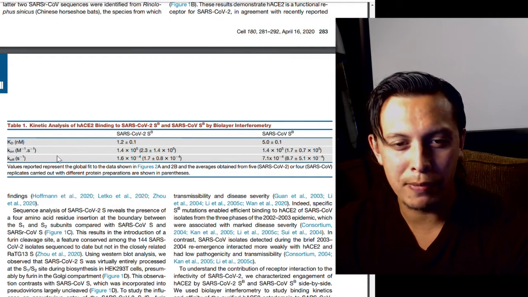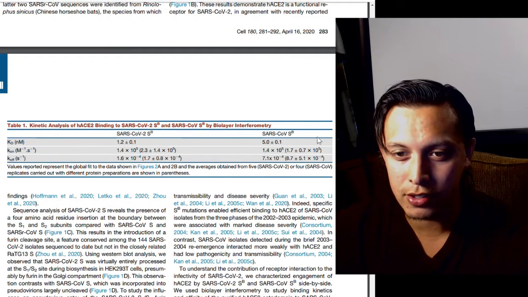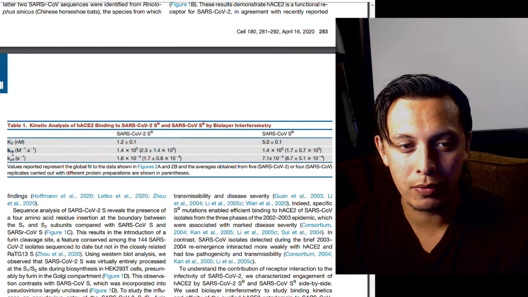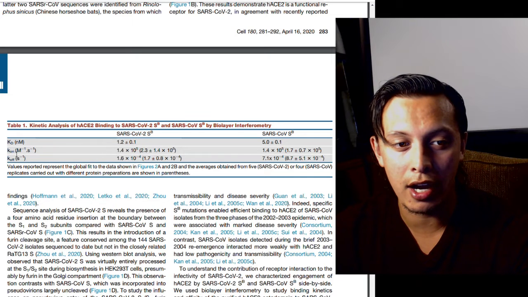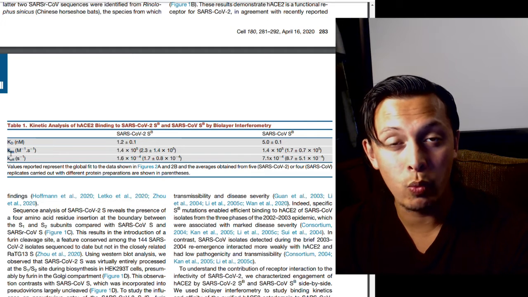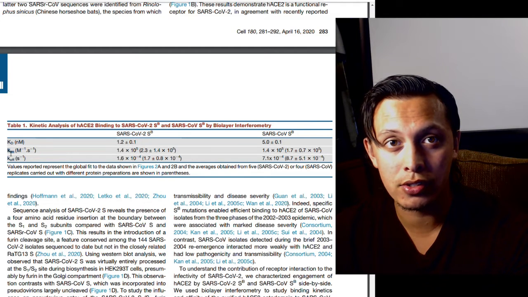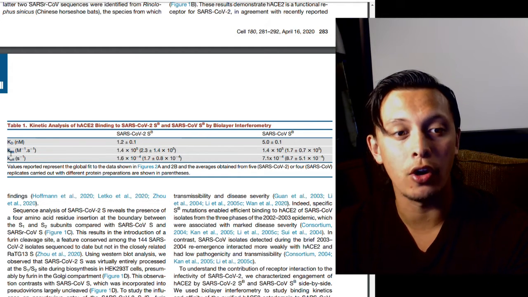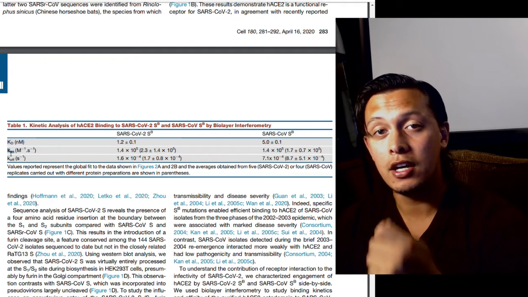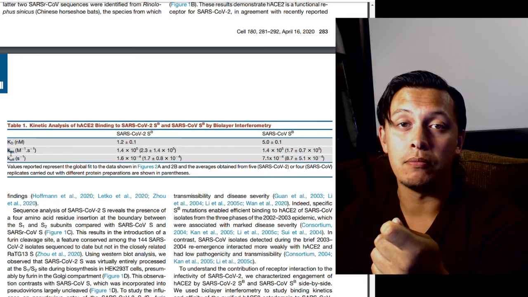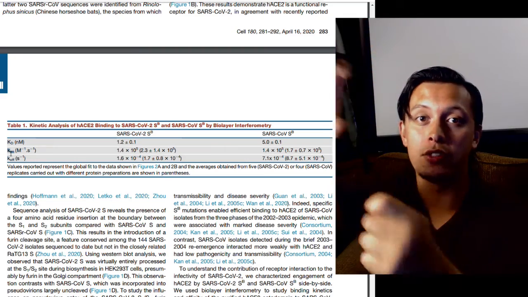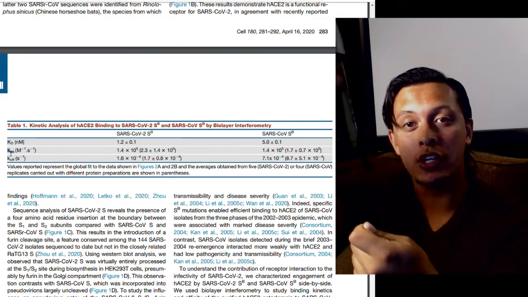It might get a little bit too mathematical, but what you need to get out of this is that the small k on is the rate at which the particles are coming together. So this is basically the speed at which the spike protein and the human ACE2 receptor, if they're floating around in solution, bind.